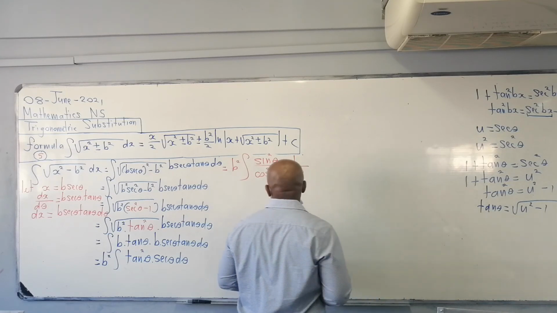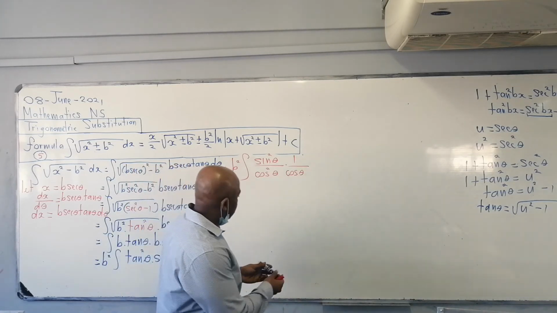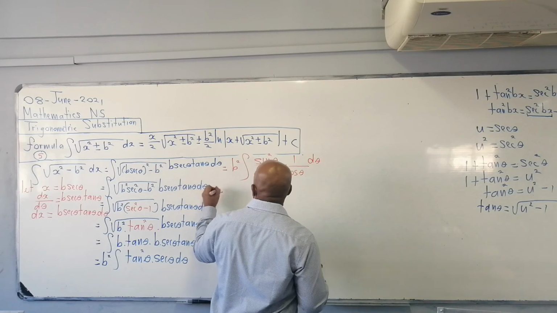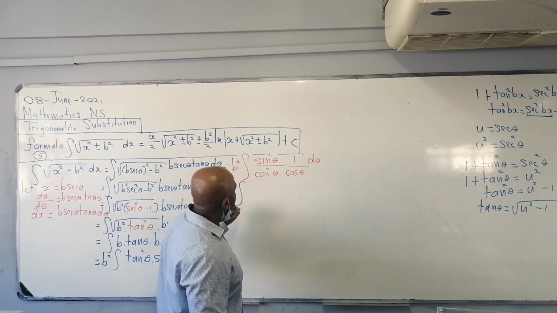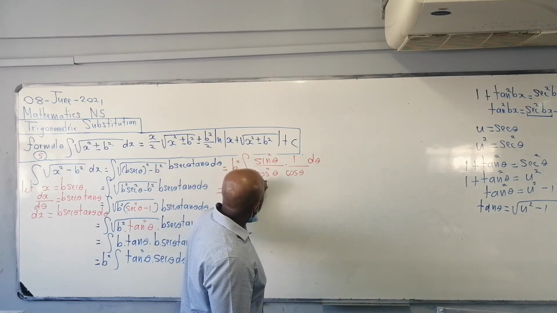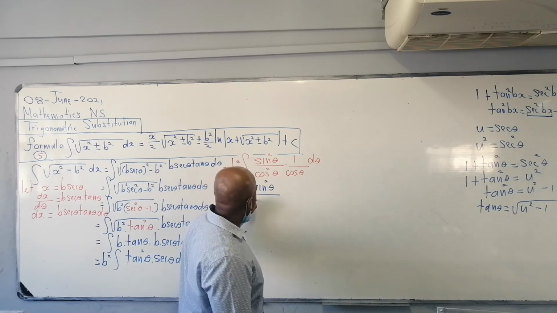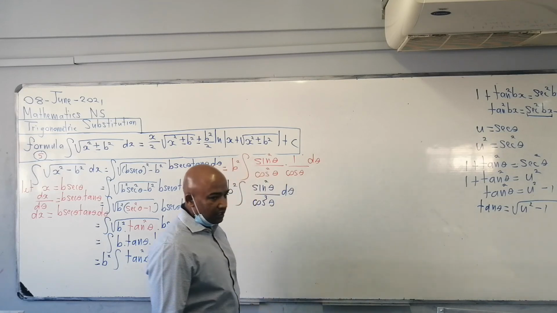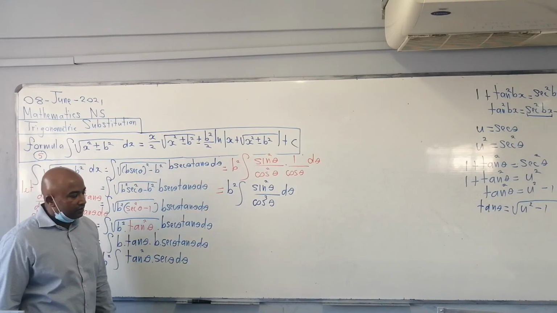Now I've got sine squared, then cos squared times cos, which will be cos to the power 3, d theta.